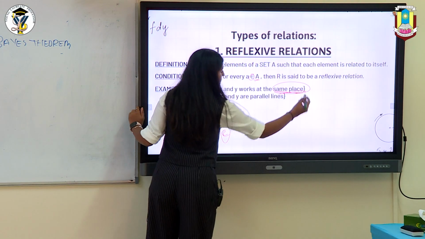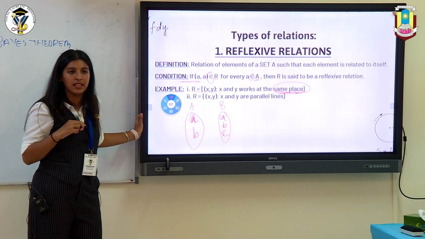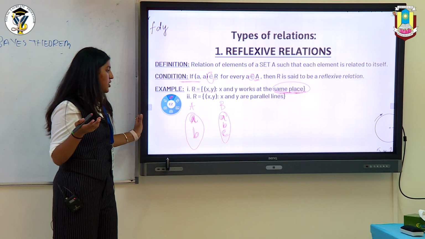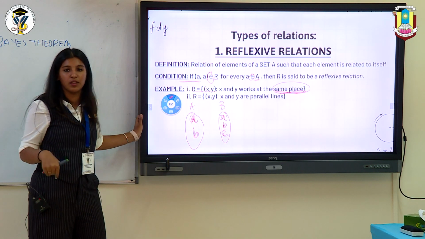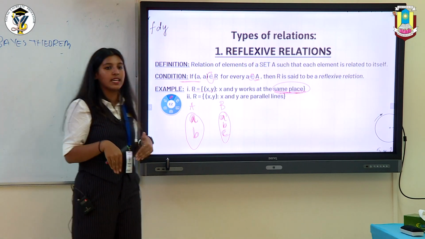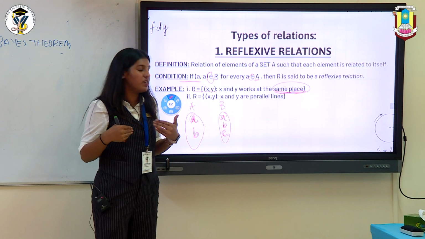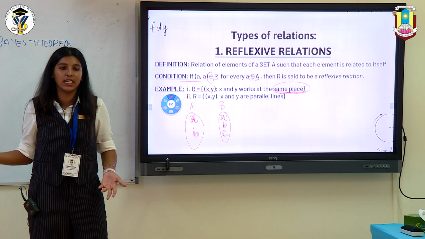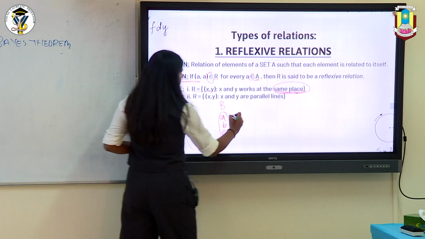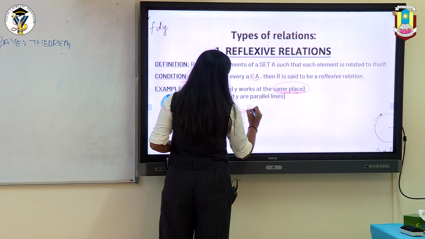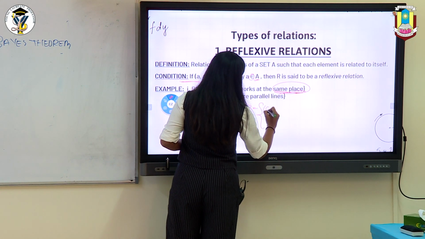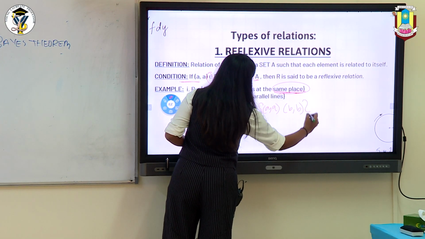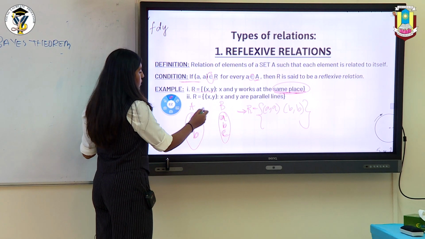That they work at the same place. If you work at the same place, do you think there can be a condition where you are not reflexive to yourself? Like I study here in Indian School Seeb. So obviously in set B also, if I am there, I still study in Indian School Seeb. It does not mean I study in another school. So that gives us the relation denoted in capital R: (A, A), (B, B). This will be the reflexive relation for A and B.